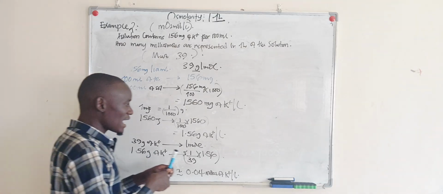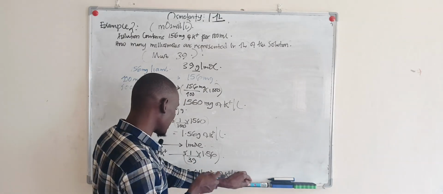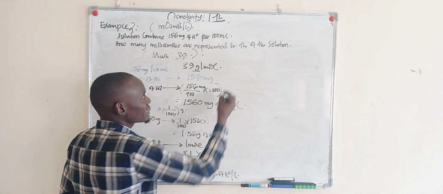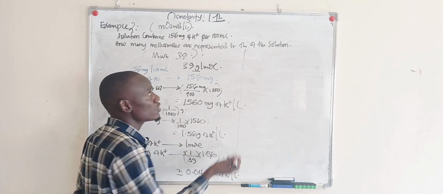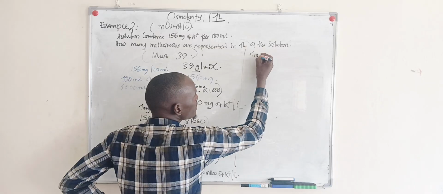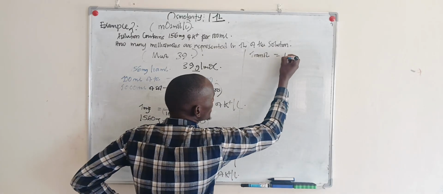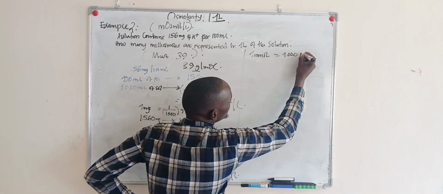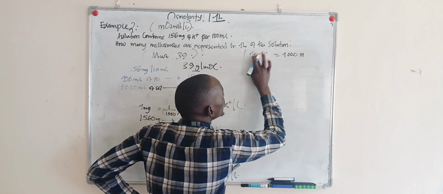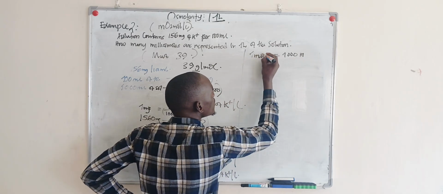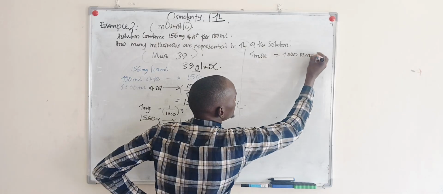Now, after obtaining the moles of potassium ions in a liter, we are also going to convert these moles into millimoles. But remember, 1 mole is equivalent to 1,000 millimoles.